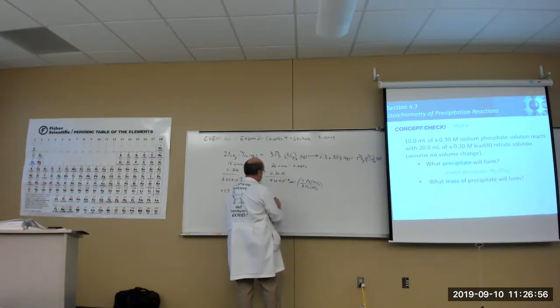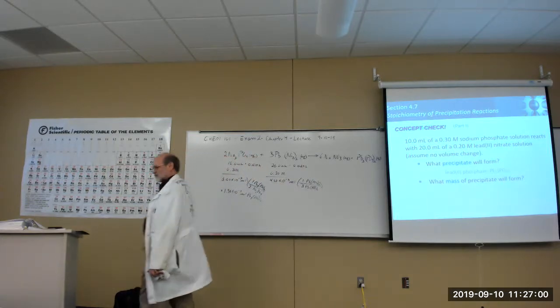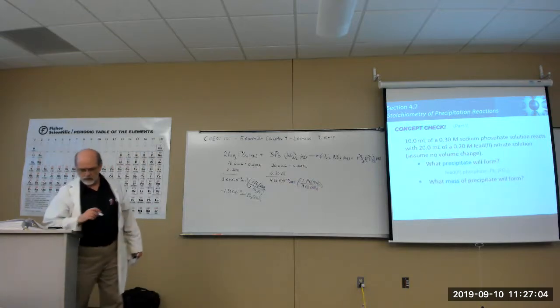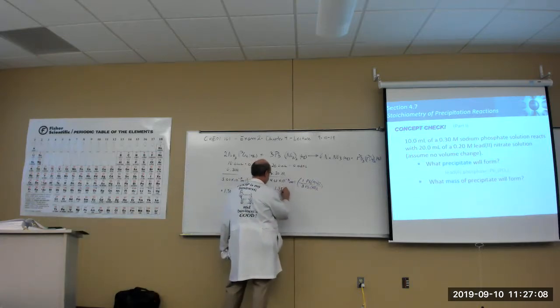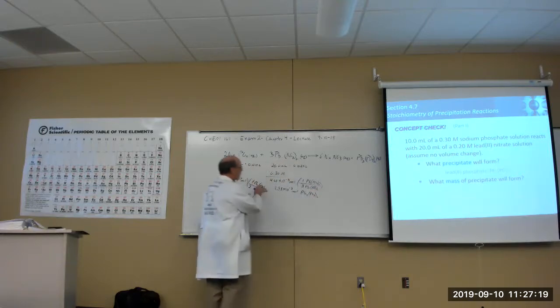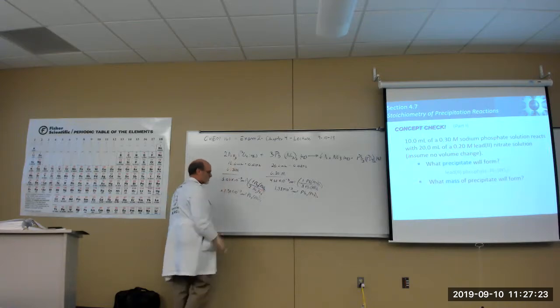So 3 into 4 is 1 point something. 1.33. 1.33 times 10 to the minus 3 moles of lead-2 phosphate. That's if everything reacts. Here, you get that much. If everything reacts here, you get this much.